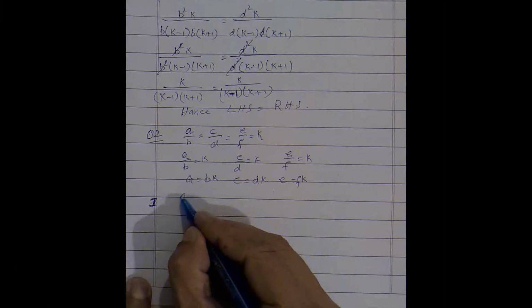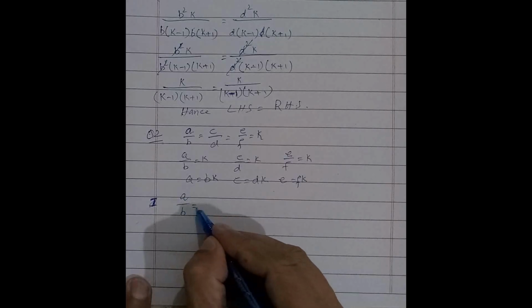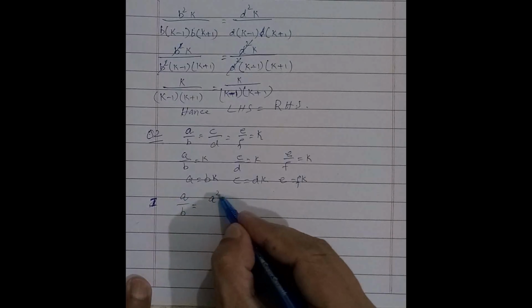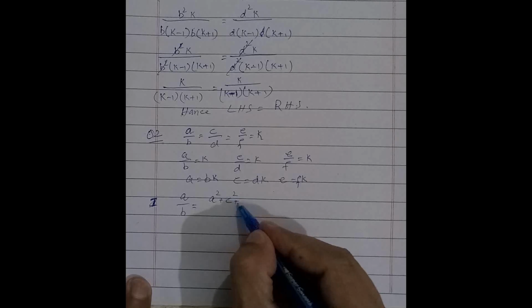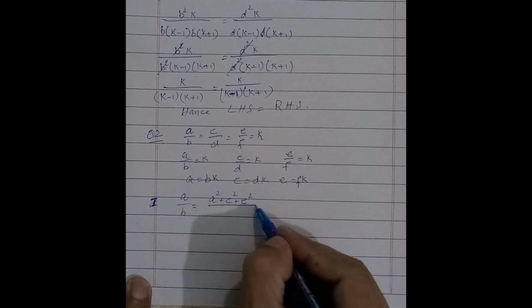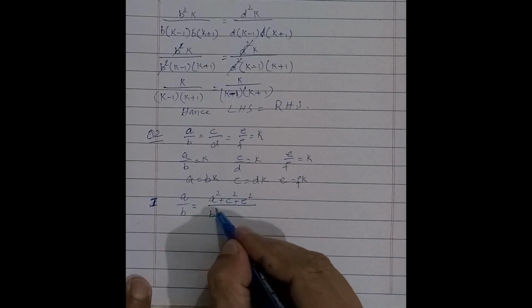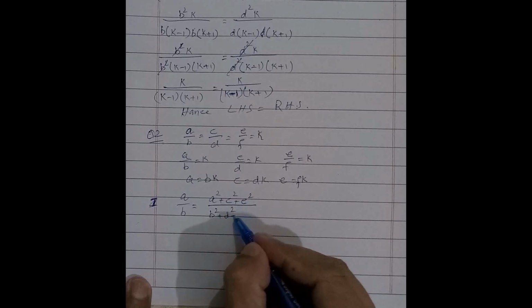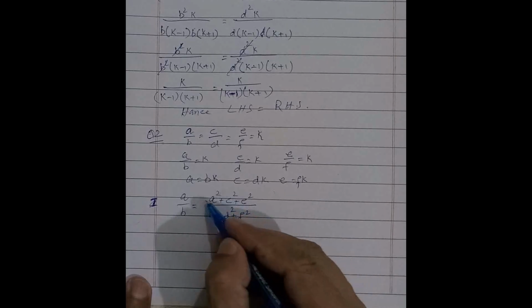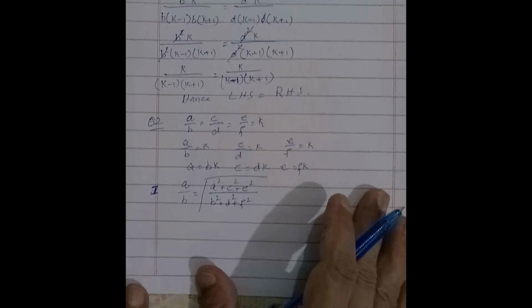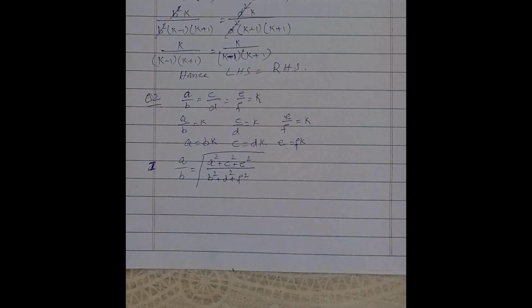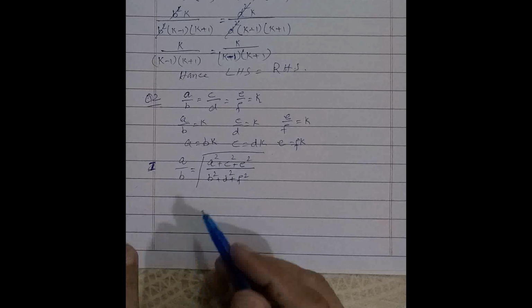which is a over b is equal to the square root of (a squared plus c squared plus e squared) over (b squared plus d squared plus f squared). Now we put the values of a, c and e in this fraction.